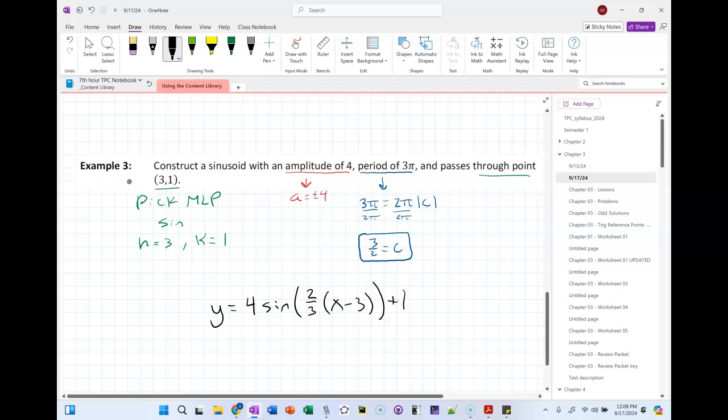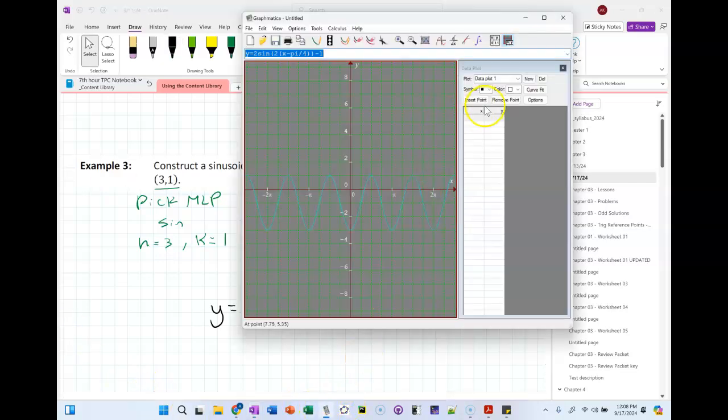So again, I wrote y equals a times sine of 1 over c, so I did the reciprocal of c, and then x minus h plus k. So just to show you guys, here's the point 3, 1.